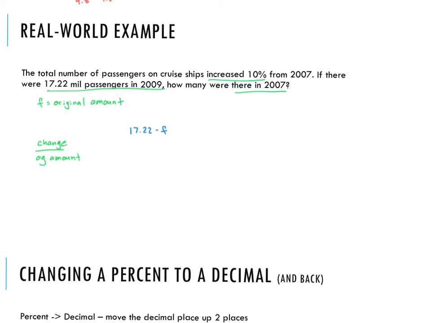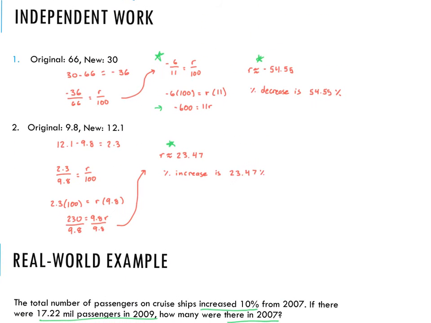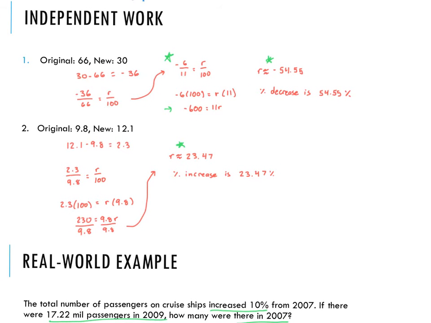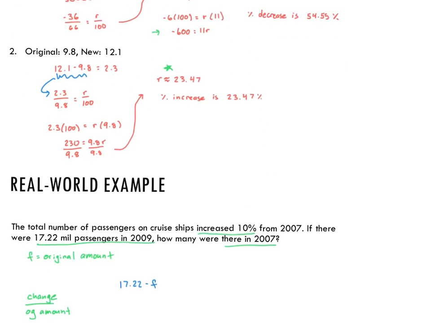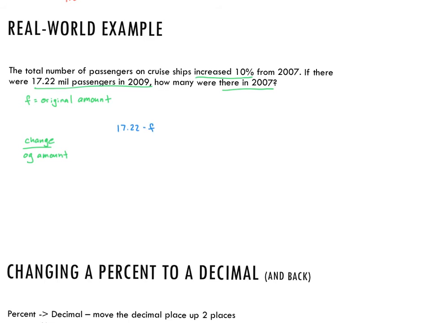Literally the only thing I did is I'm inserting this step right here into the top of my ratio, since I don't know what the actual change is. So I have 17.22 minus f over f, since f is my original amount, and that's going to be equal to 10 over 100, because 10 is my r.